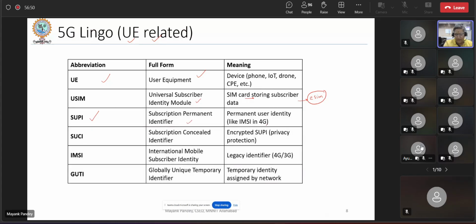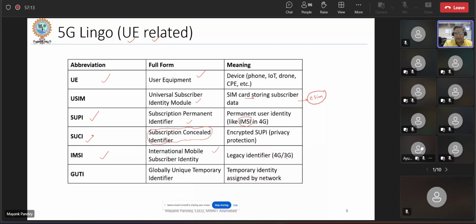The way we have IMSI in 4G, this is SUCI. You can conceal the identity by deploying some encryption algorithm. So this is known as subscription concealed identifier. IMSI we still have.